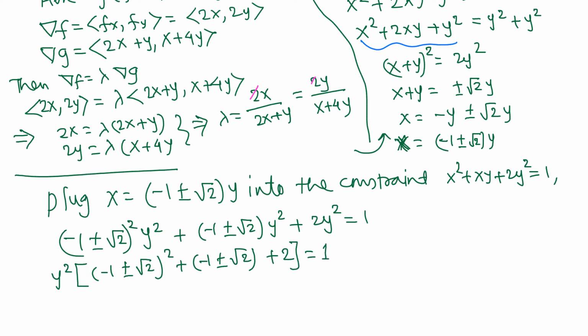So this is just a decimal number. 1 divided by this decimal number is y squared. So y squared is equal to 1 over this decimal number.